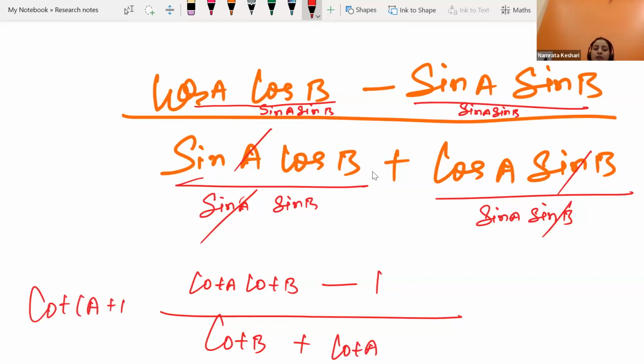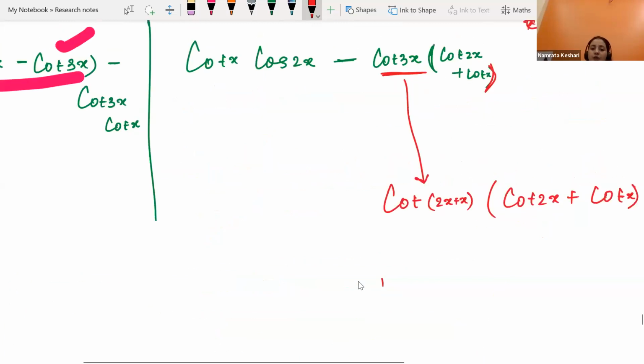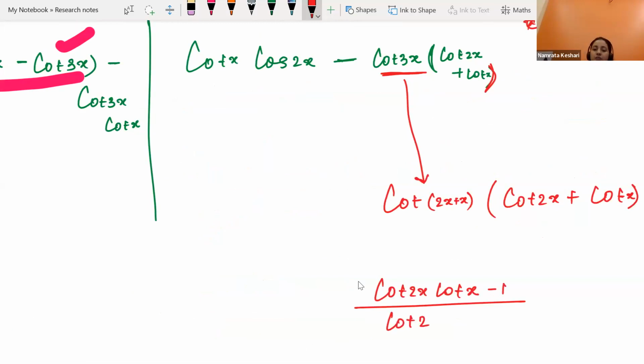Getting it? That is the formula for cot A plus B. Is it clear? Yes, ma'am. Okay. We'll be using this formula, cot A cot B minus 1 by cot B plus cot A. Right?